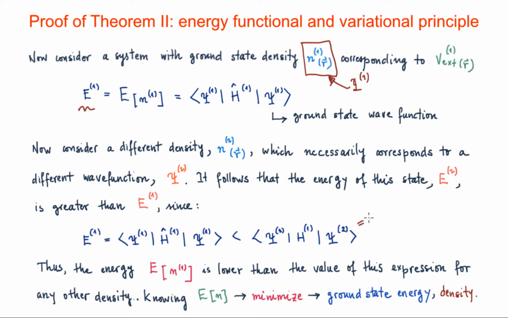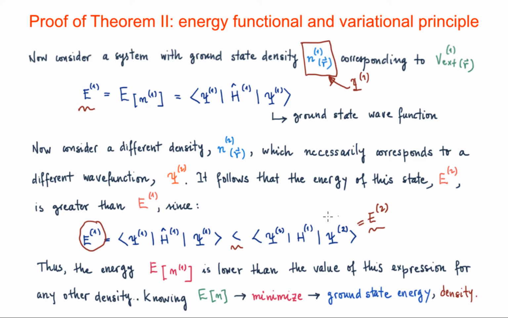This is the energy we have called E2, which is the energy associated to that state Psi2. So basically it's the average of the Hamiltonian H1 in the state Psi2. But according to the variational principle, that one should be higher than the ground state energy, which is E1. Therefore we have that E1 should be lower than E2.